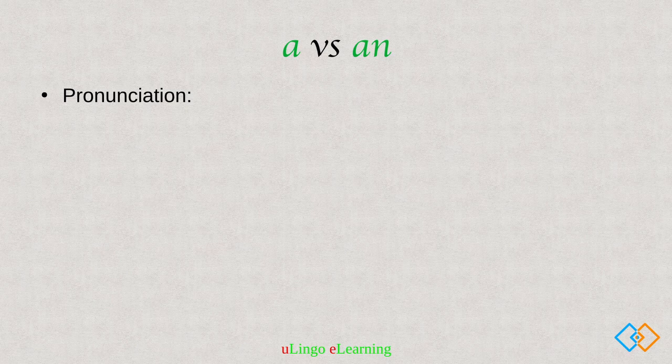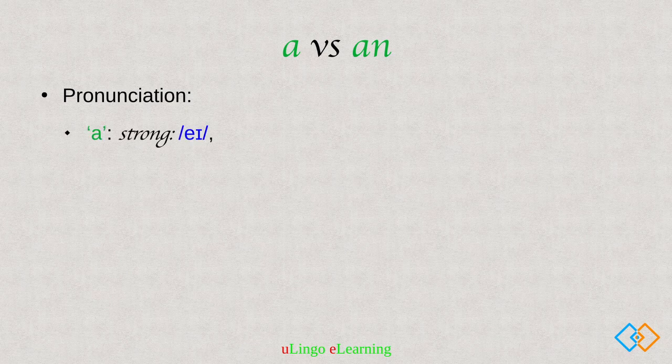Let's now have a look at the pronunciation of a and an. Perhaps from the beginning of the lesson, you may wonder why I pronounce a and an quite unusually, because normally you hear people say a and an. In fact, a and an have 2 forms. They are called strong form and weak form.